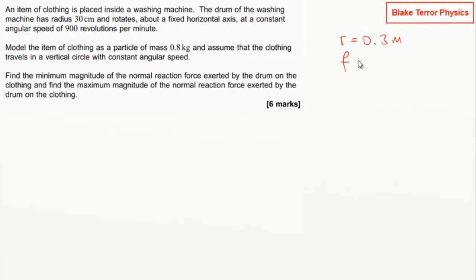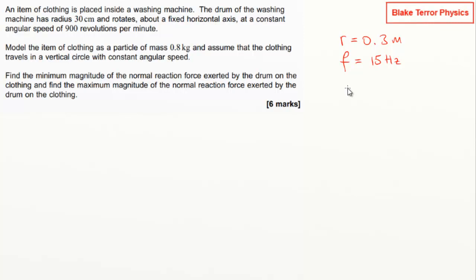So let's flip that over to a frequency, because we either want frequency or period on this. They're more or less the same. So frequency, the number of revolutions per second, we divide by 60, so we've got 15 hertz. Of course the period would be 1 over 15 seconds, the time it takes to do one revolution.